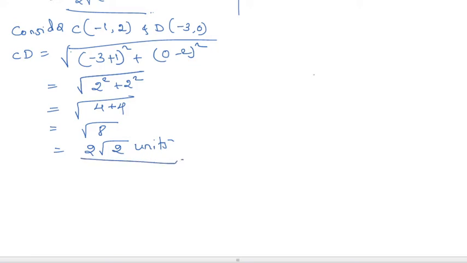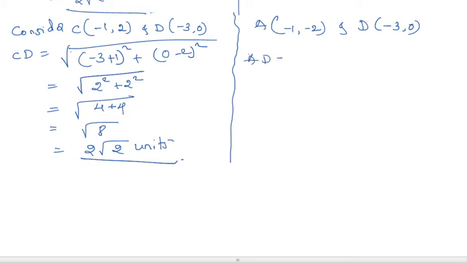Now AD. So take here AD. The coordinates of A are minus 1, minus 2 and D coordinates are minus 3 comma 0.